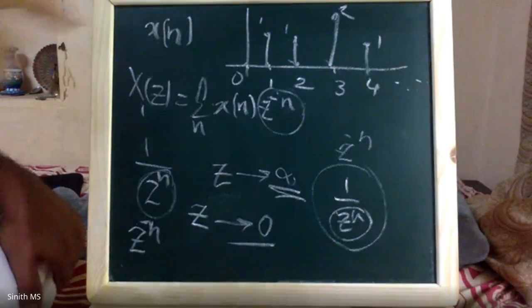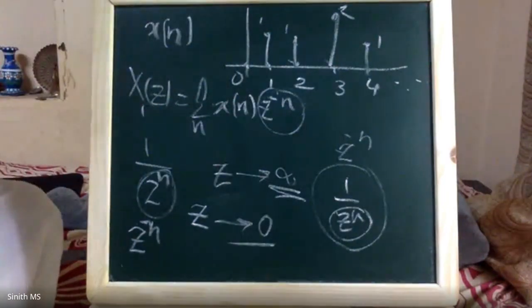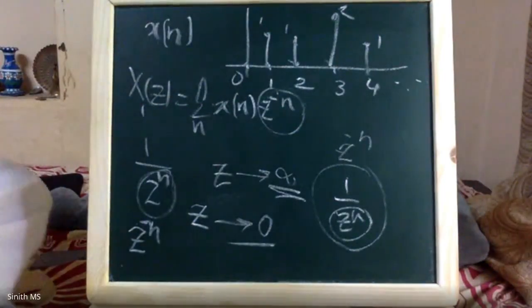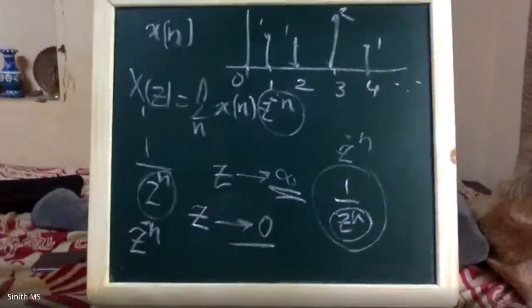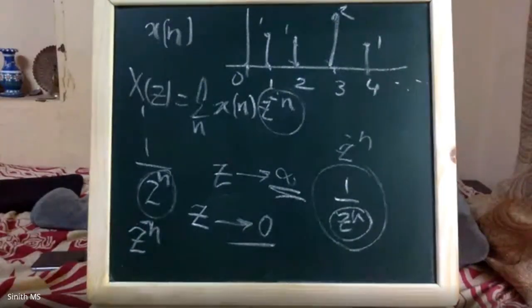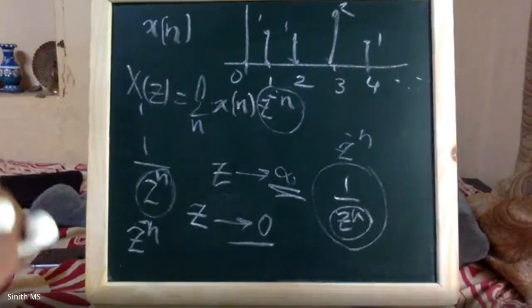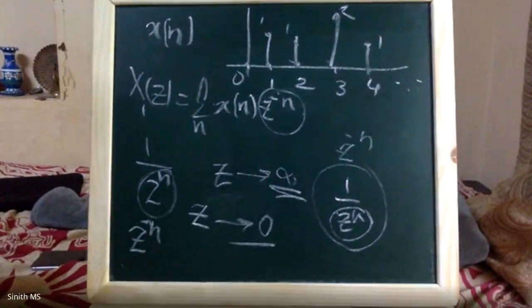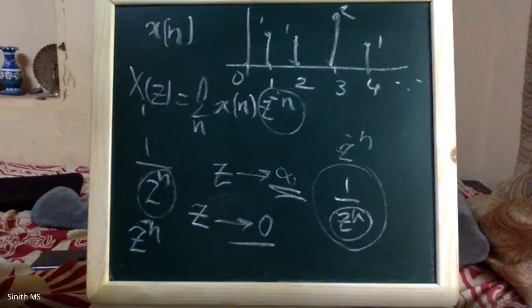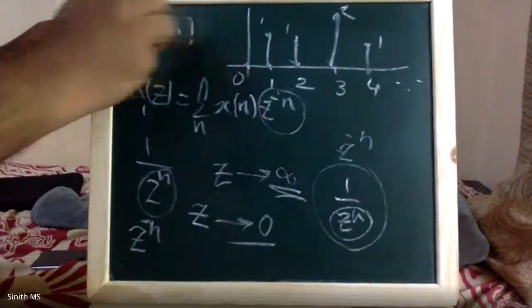So suppose that this kind of right-sided signal has some value. Okay, suppose we can draw the ROC.